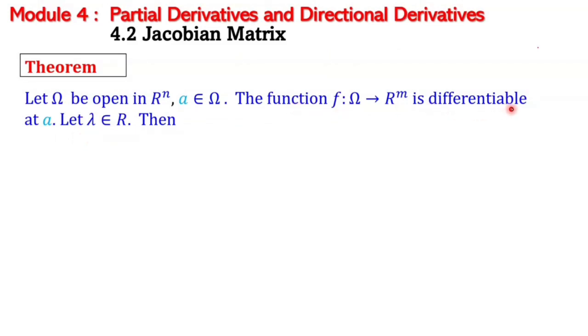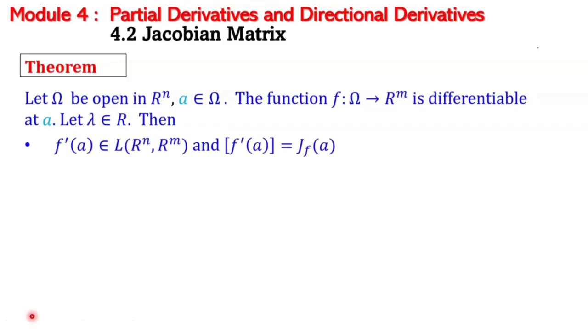That function is differentiable at the point A. So now let lambda belong to R. Then we have f dash A, the derivative of this function, which, since it is differentiable, will be linear from Rn to Rm, and the matrix of f dash A is equal to the Jacobian of the function at A.